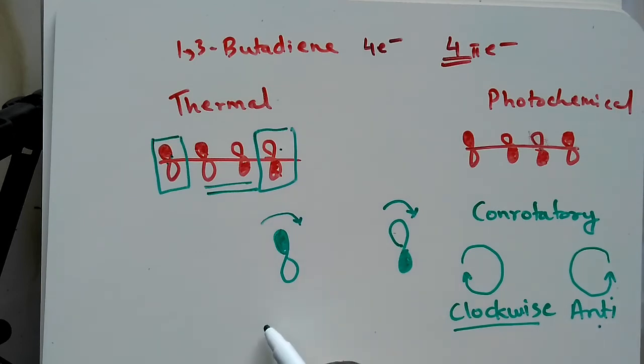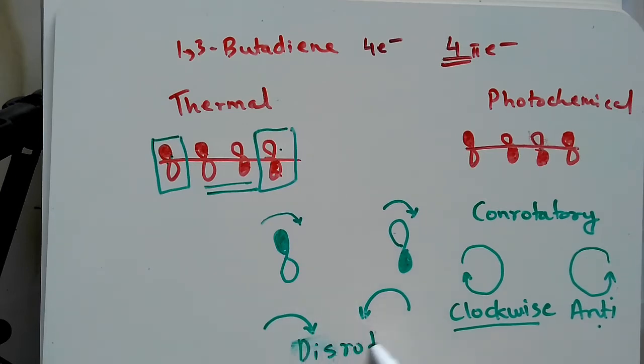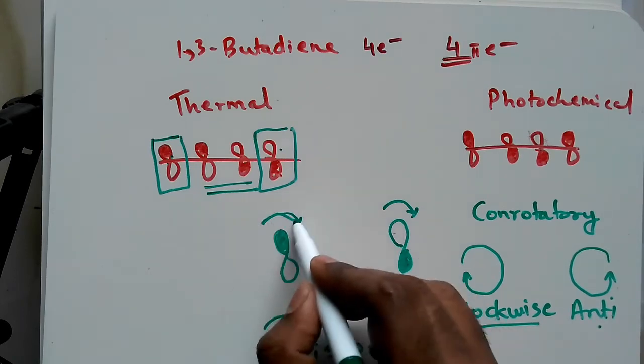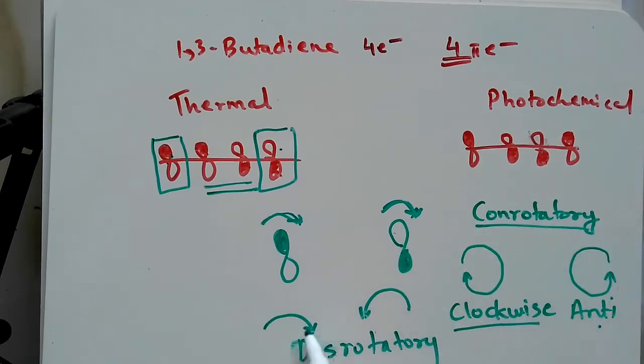If one lobe follows clockwise and the other lobe follows anti-clockwise, they will be called disrotatory motion. So when both lobes follow clockwise, they are conrotatory, and if one lobe follows clockwise and the next lobe follows anti-clockwise, they are called disrotatory.